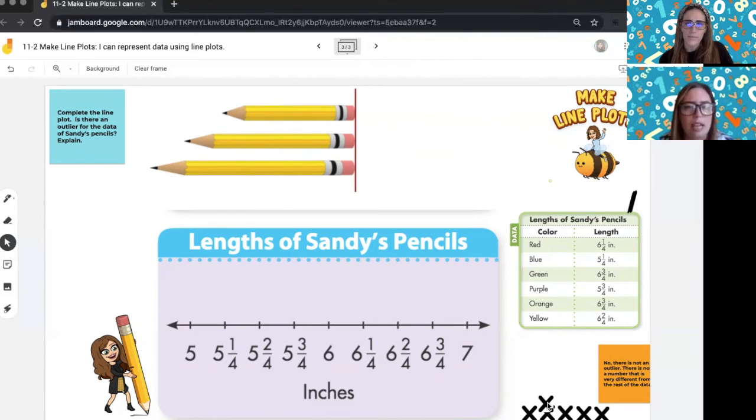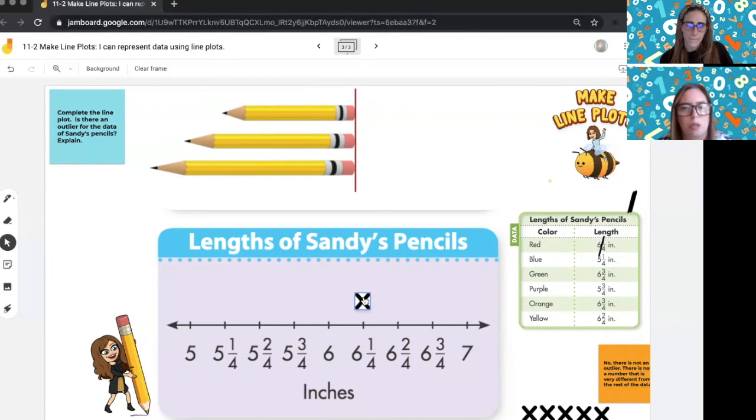And I noticed that our line plot starts at the number 5 and goes to the number 7, and it's also broken up into fourths, just similar to a number line. So let's look at our first piece of data. It says the red pencil is 6 1/4 inches. So let's put 1 X above 6 1/4.